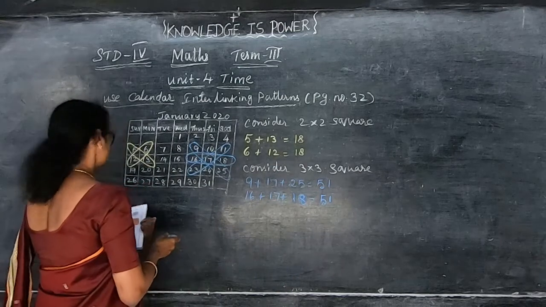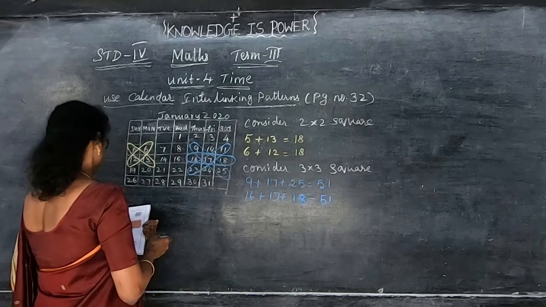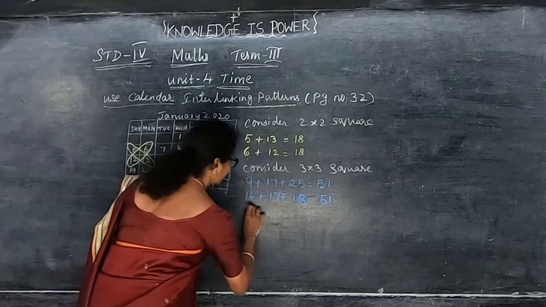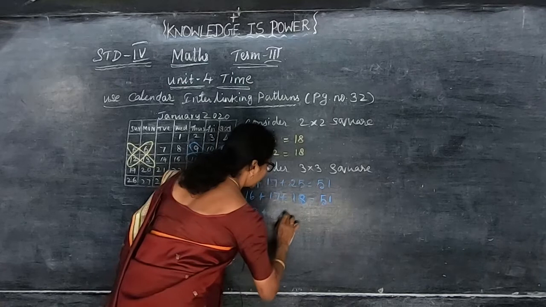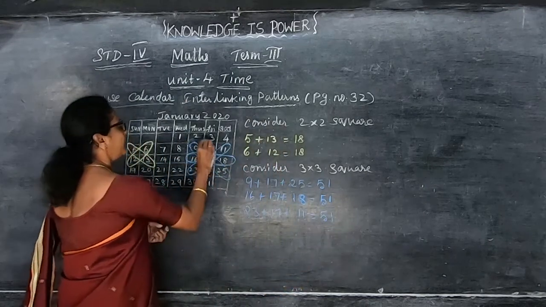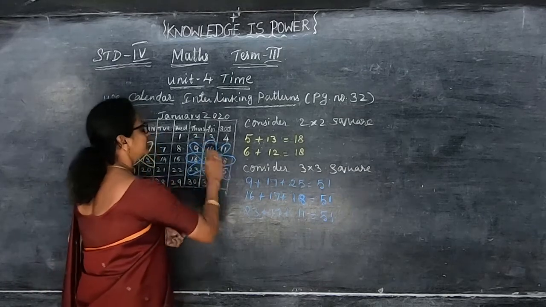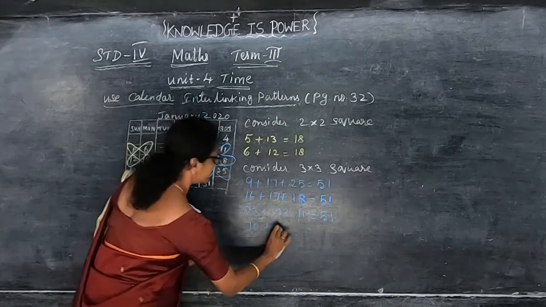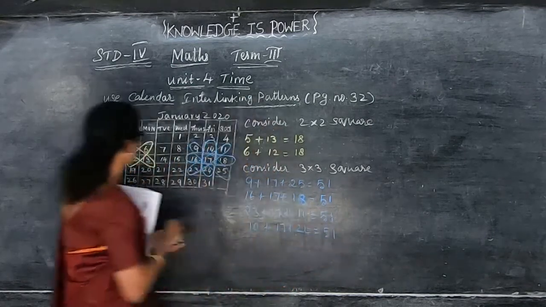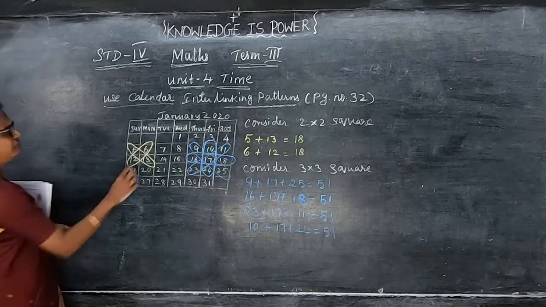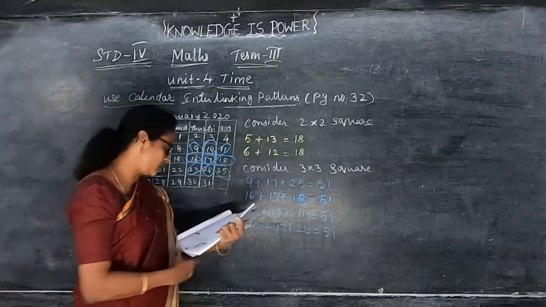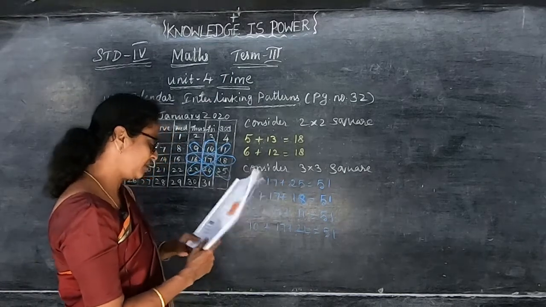And then the next is 23 plus 17 plus 11. So in this way we can make as many as we want. And here also we can see like this: 10 plus 17 plus 24 is equal to 51. In the same way, in 2 into 2, 5 plus 13 and 6 plus 12. So this is the 2 into 2 square and this is the 3 into 3 square.